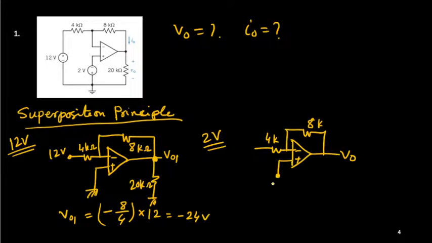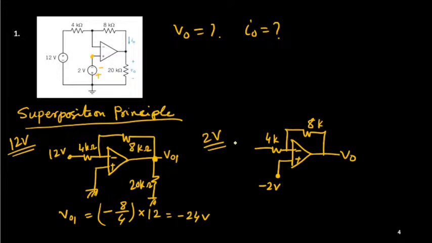Here the input voltage is, so be careful here. With respect to ground, this node potential is not 2 volts, because this is the plus sign and this is the minus sign given. Don't make a mistake here. So this node potential will be minus 2 volt with respect to ground. Be careful at this end.